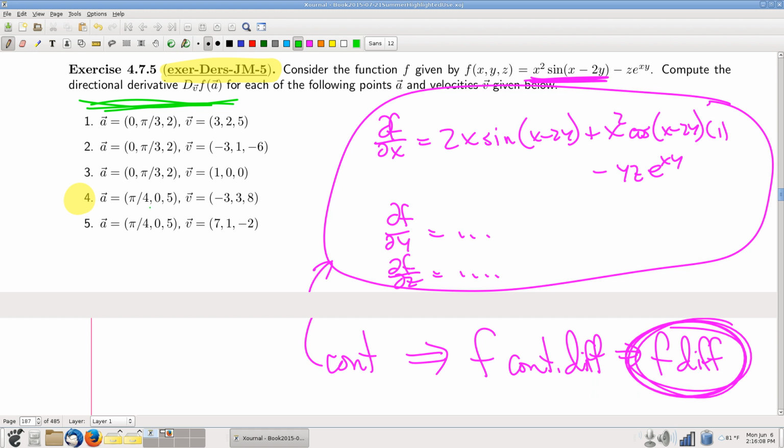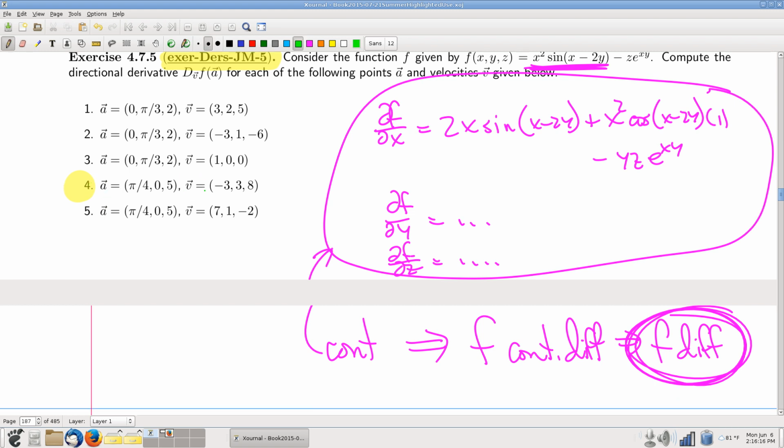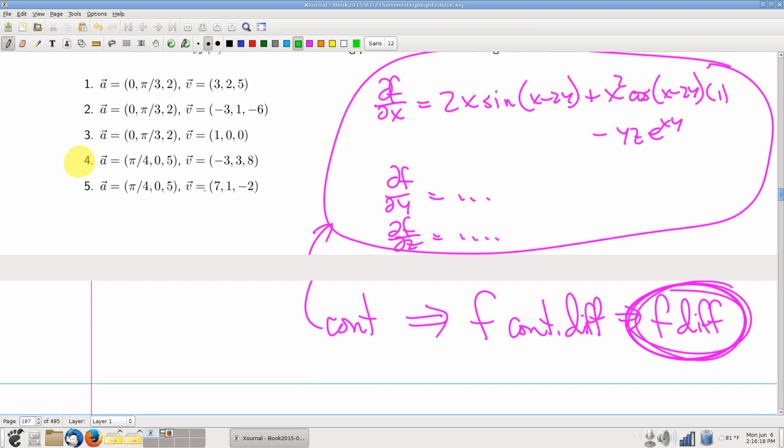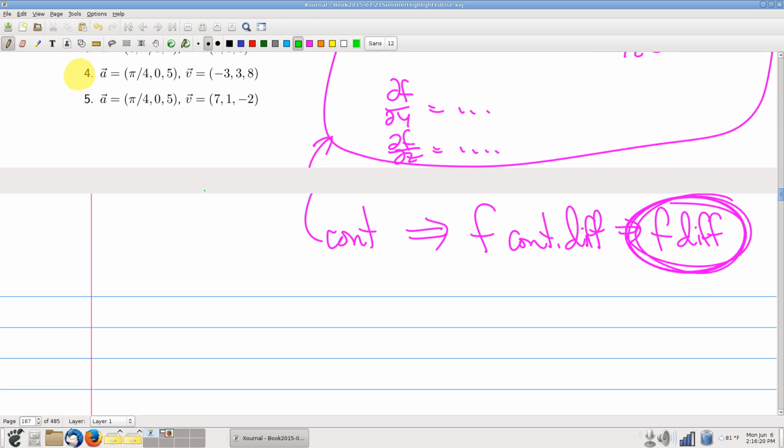And in this case we have, so the question you've asked me about, number 4 here, we've got an a and a v given. Well, since the function's differentiable, I can compute the directional derivatives by multiplying the Jacobian matrix times the velocity vector.